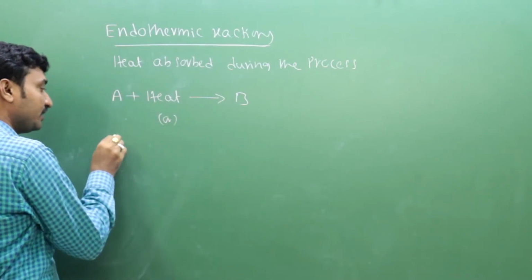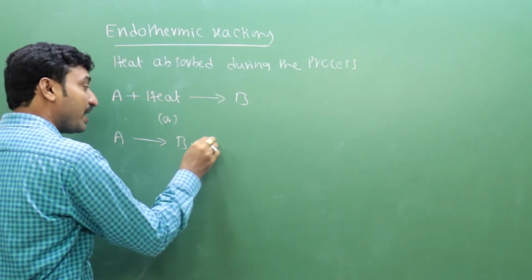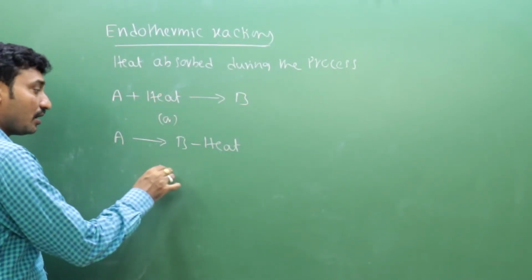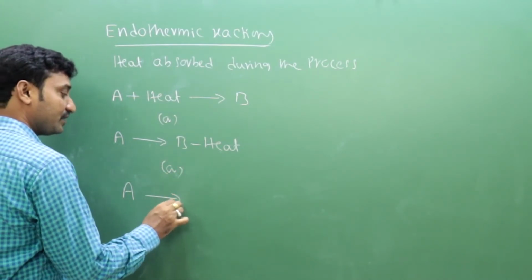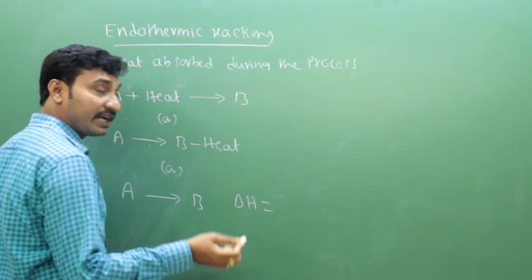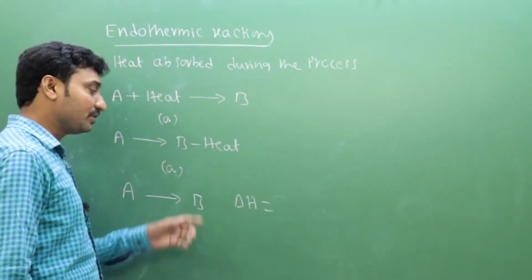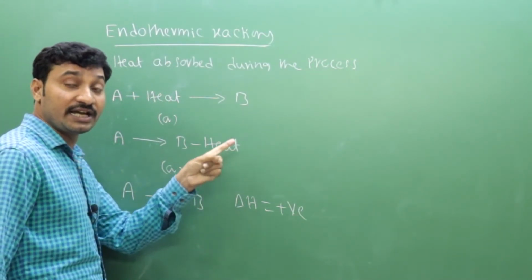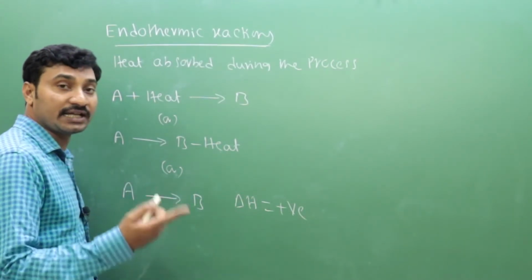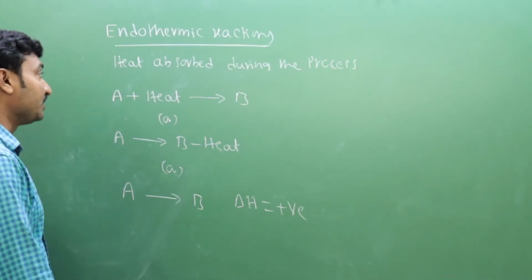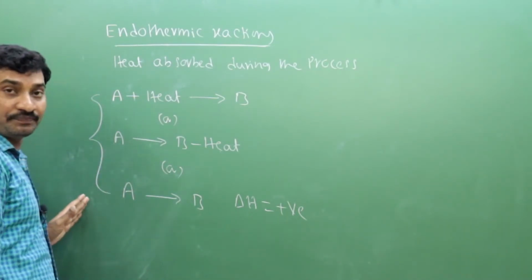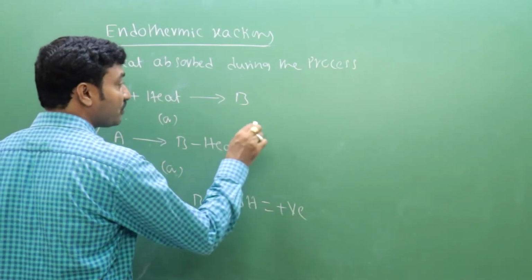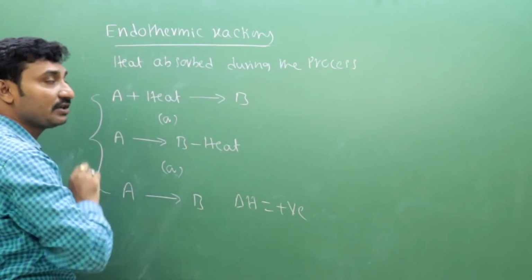Or A gives rise to B, minus heat. Or A gives rise to B, delta H is equal to... for an exothermic reaction delta H is negative, but for an endothermic reaction delta H is positive. So delta H positive indicates an endothermic reaction. What is delta H? Enthalpy change. So we can represent it any way: A plus heat gives B, A gives B minus heat, or A gives B with delta H positive. Any of these represents an endothermic reaction.